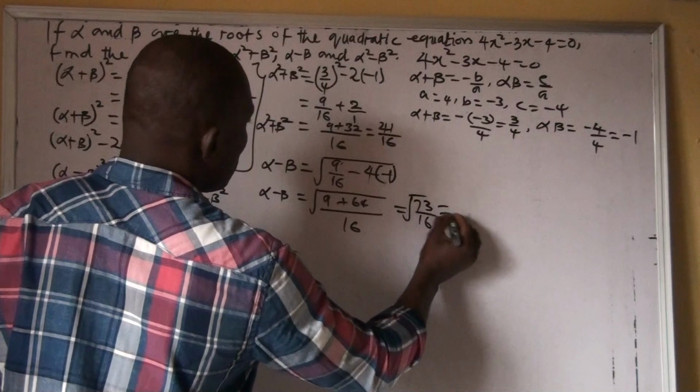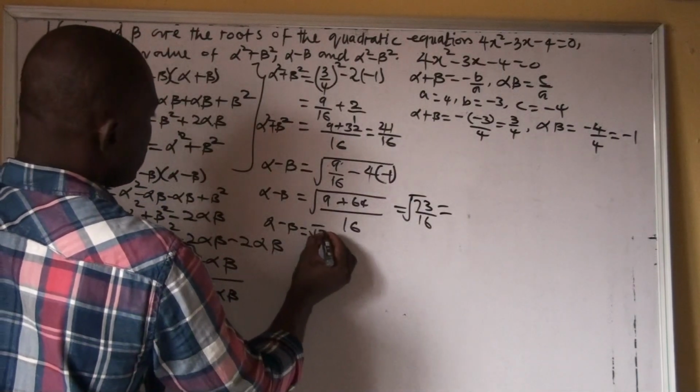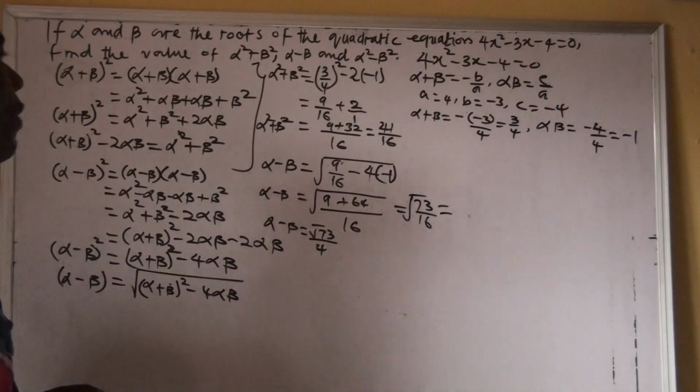So the square root, if we do that, our alpha minus beta becomes root 73 all over 4. Okay, that is the value of alpha minus beta.